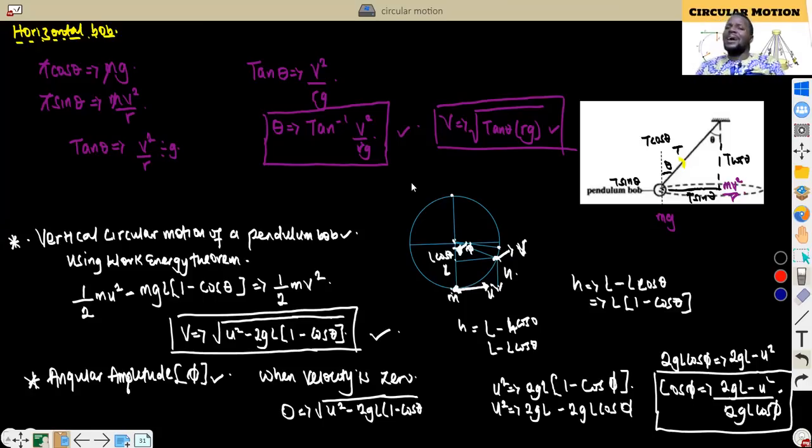You can bring as many formulas as you want to bring out. So the force acting at that particular point will be the difference between the tension and the centripetal force.